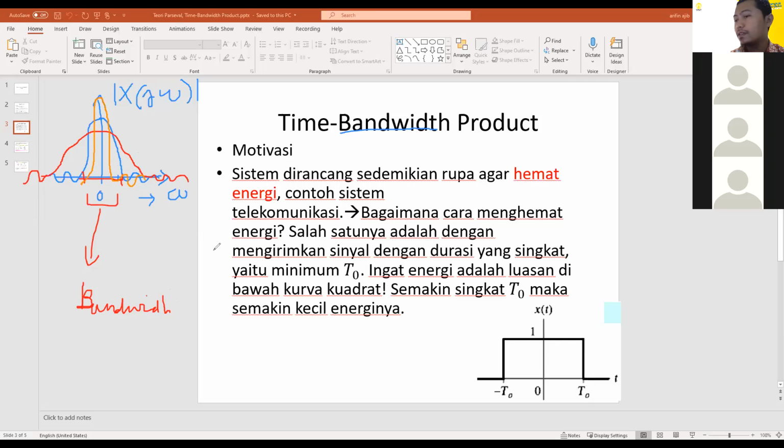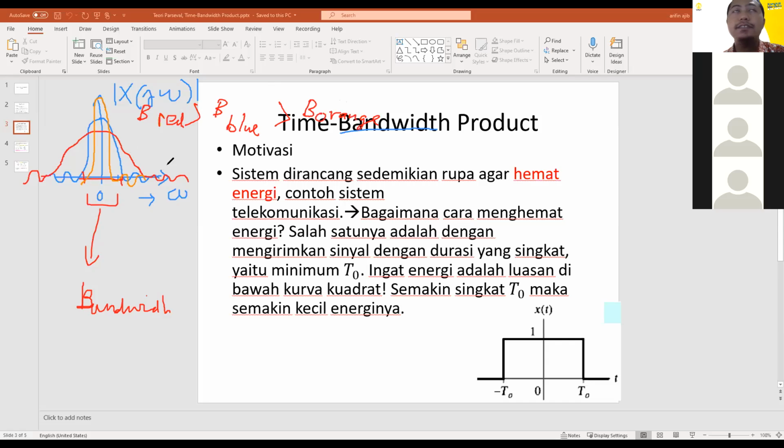The red one has a bandwidth larger than the blue and larger than the orange.